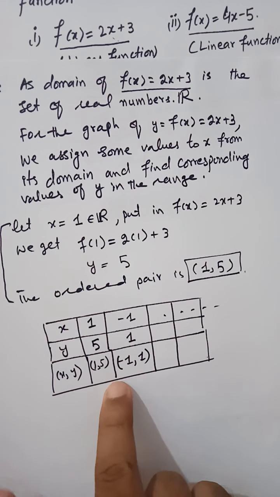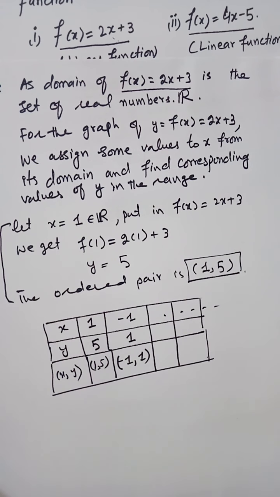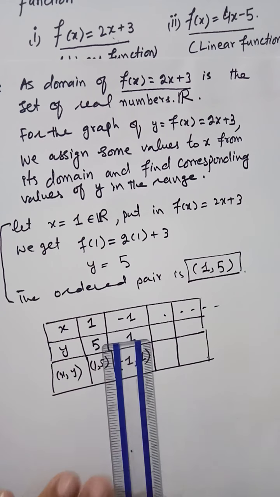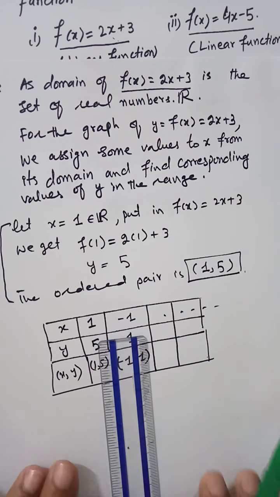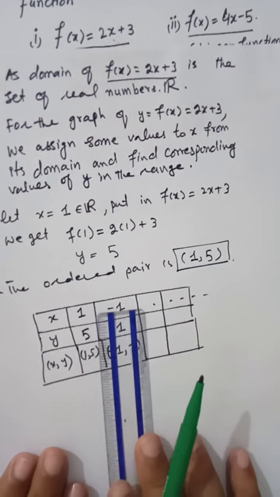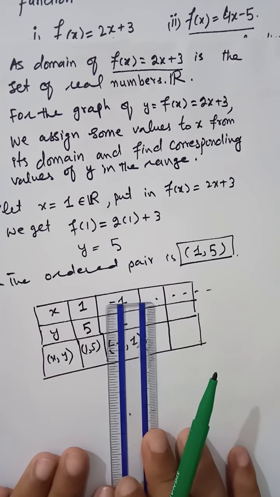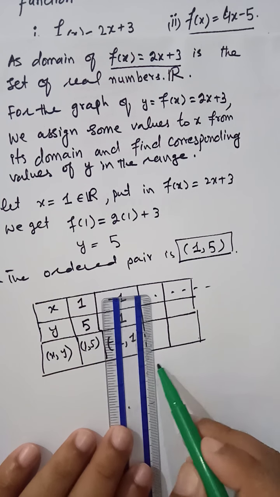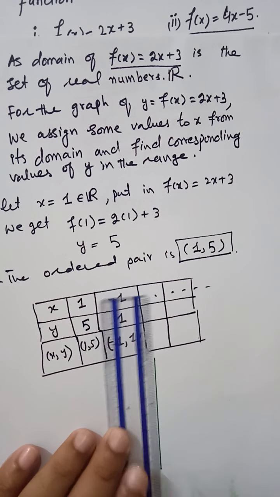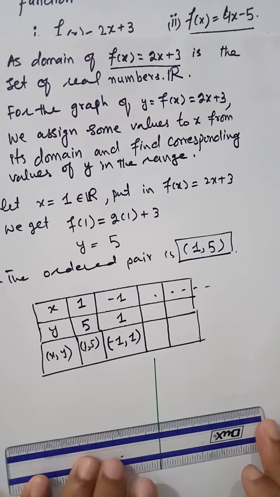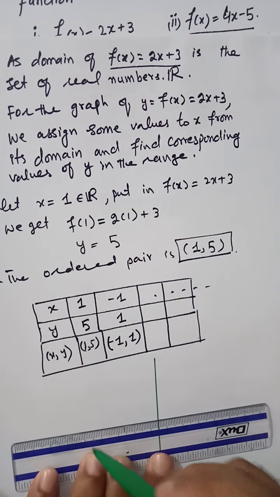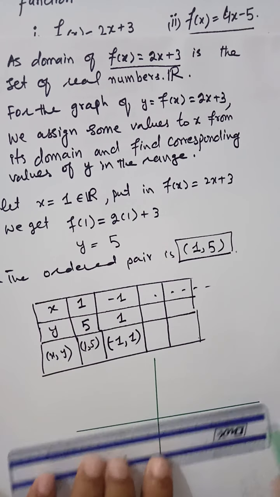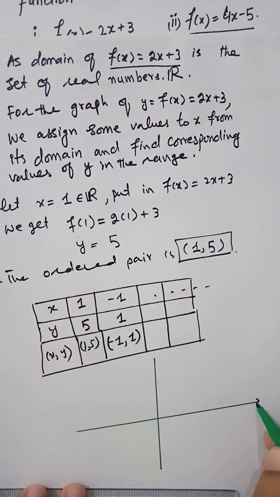So this is enough. But one point must be kept in mind, that you will always find the x-intercept and the y-intercept. Why x-intercept and y-intercept are necessary, I will explain hereafter. Now first of all, I will draw the x-axis and y-axis. This is my y-axis, a vertical line, and this is my x-axis. This is the xy plane.